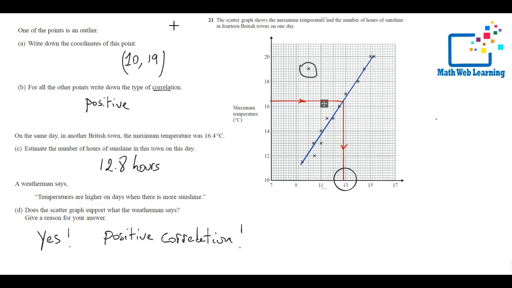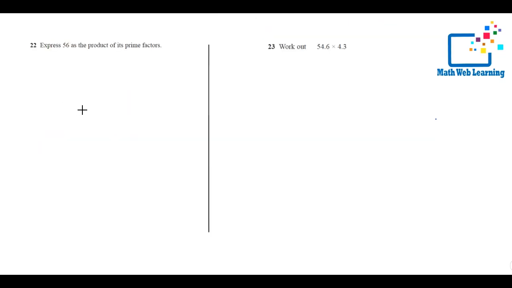Next is question 22 and 23. Question 22 is product of prime factors. We do 56. You could do the prime factor tree diagram, or without it, I'll explain.